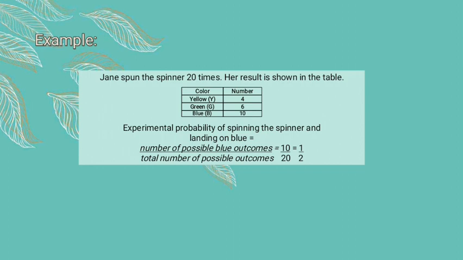The experimental probability of spinning the spinner and landing on blue equals the number of blue outcomes over the total number of outcomes, which equals 10 over 20 equals 1 over 2.